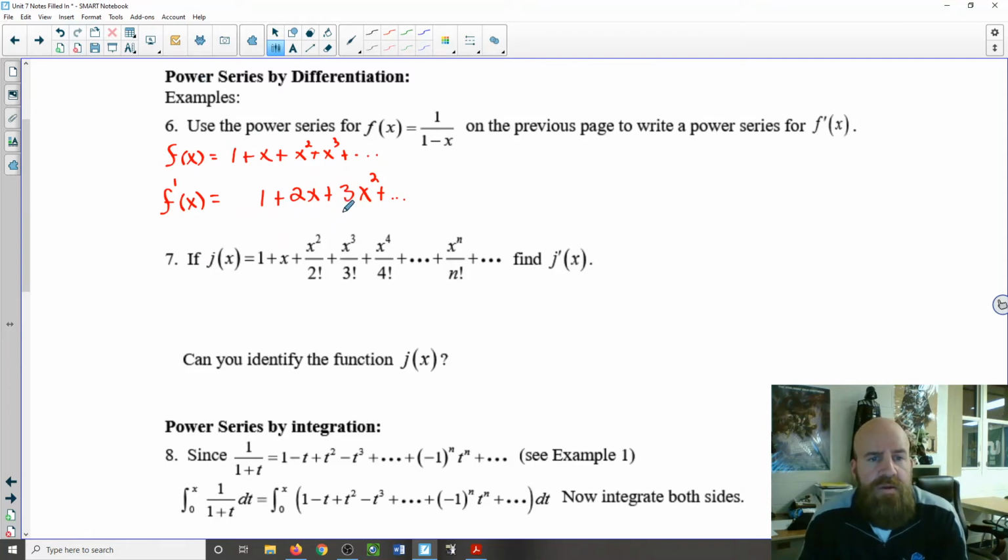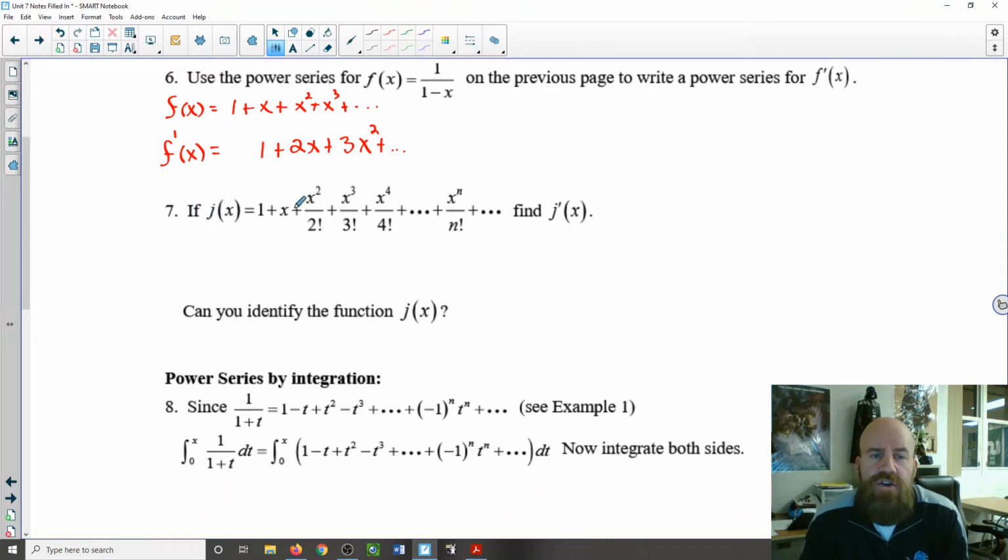Okay, so in number 7 here's j of x. If they give us a power series, finding j prime is all we're doing, taking the derivative of each term. So j prime would be 0 plus 1, and then the derivative of this would be 2x over 2 factorial.